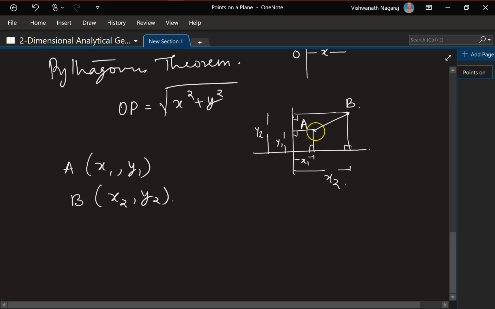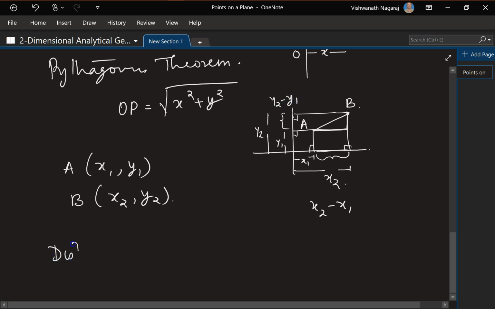One way is to convert this into a triangle. We take a line parallel to the x-axis and a line parallel to the y-axis on this side. This would be x2 minus x1, and this would be y2 minus y1.